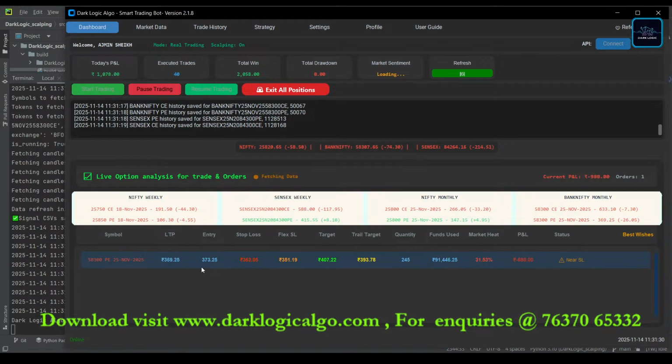The entry was 373 and LTP is now running at 367, but the stop loss was 362, which is a very strict stop loss, and the target is 407. Now the trail target is 393. See, now we're running the trade in profit.